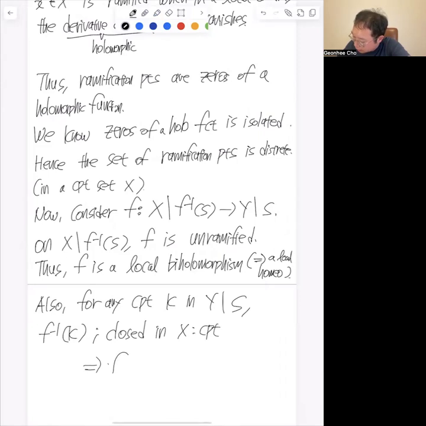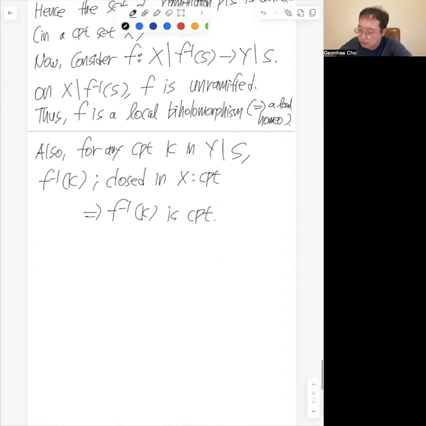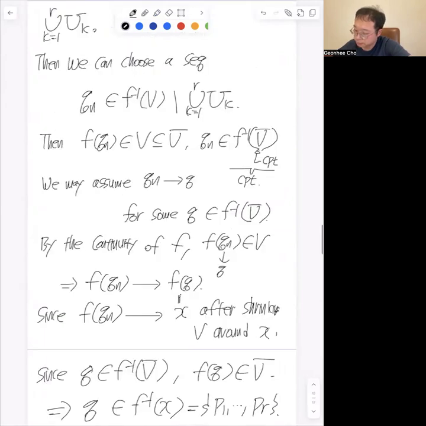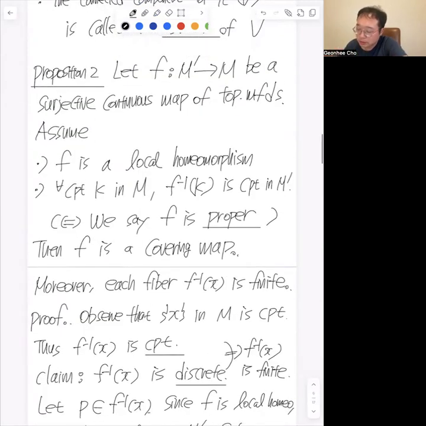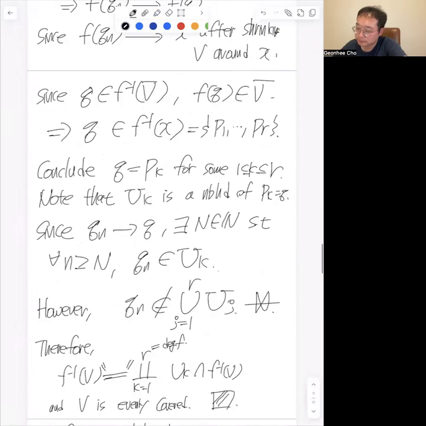That forces f inverse of K to be compact. So all conditions are satisfied. So apply Proposition 2, so that we can conclude f must be a covering map.